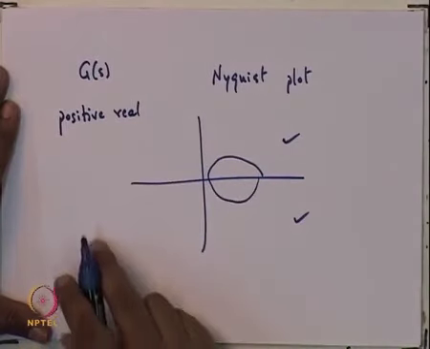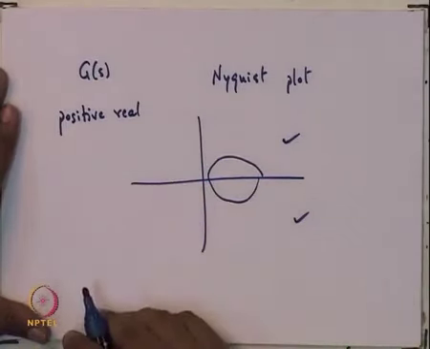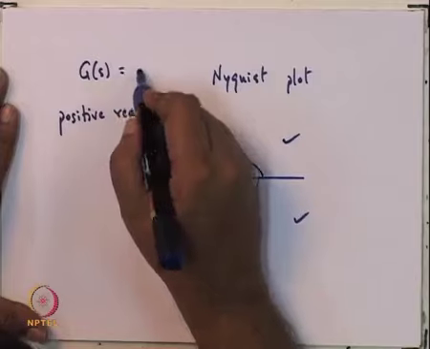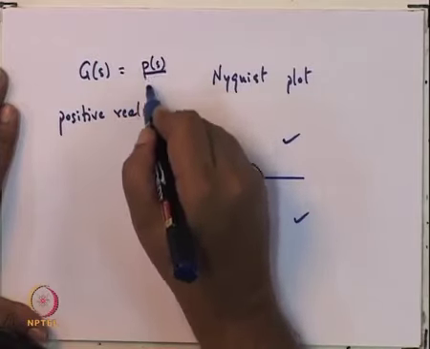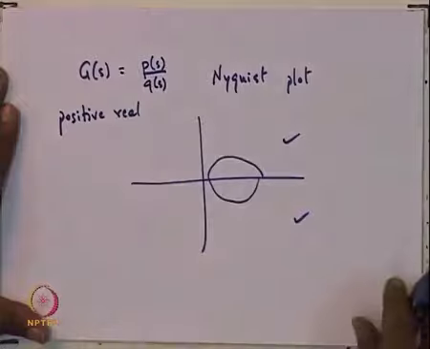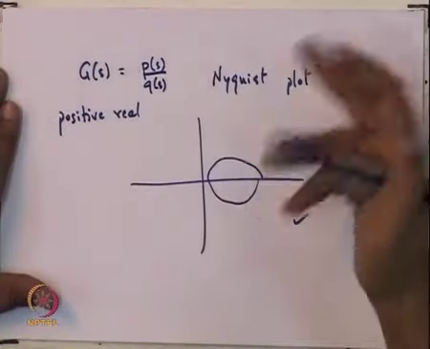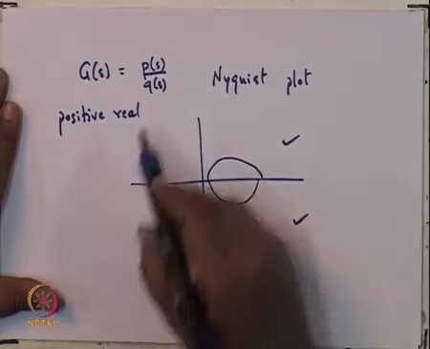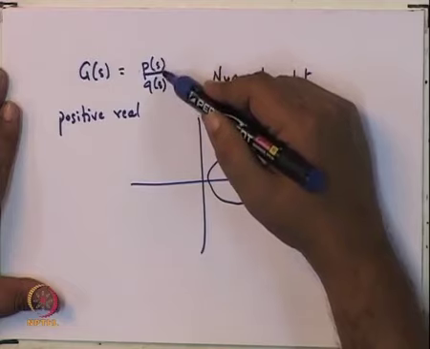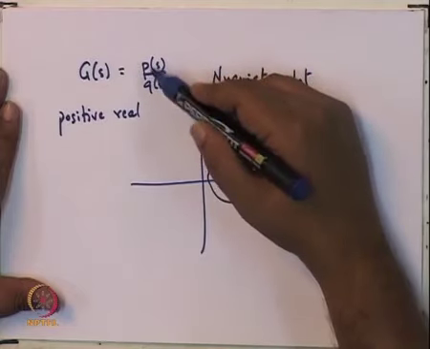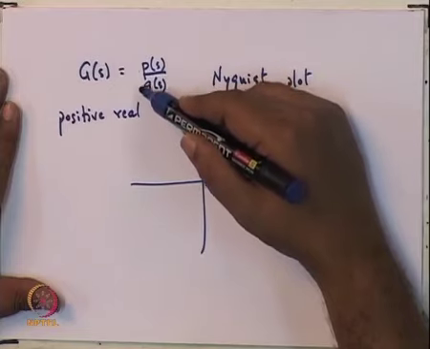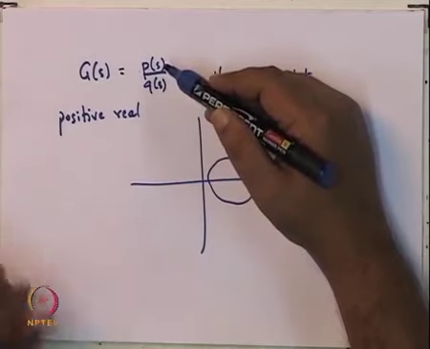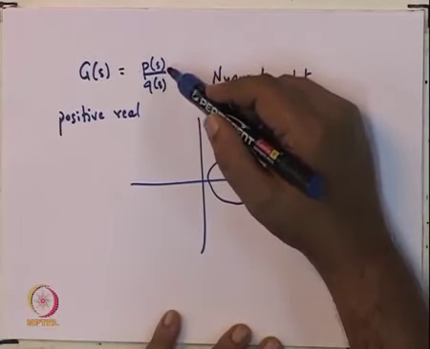Okay. And some time back I had given examples of transfer functions. So, this is the single input single output case. So, it is some polynomial divided by some other polynomial. Now, if you look at the theory of the Nyquist criterion, then you know that if the relative degree, that means if P is a degree 3 polynomial and Q is a degree 4 polynomial, then the relative degree is 1 or minus 1 depending upon the way you want to look at it.